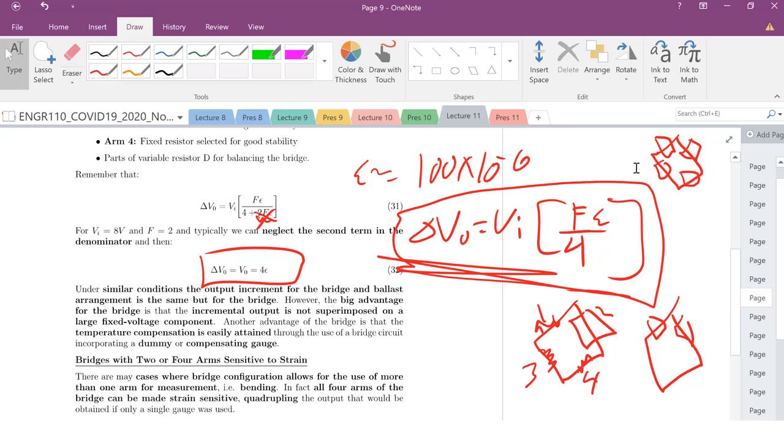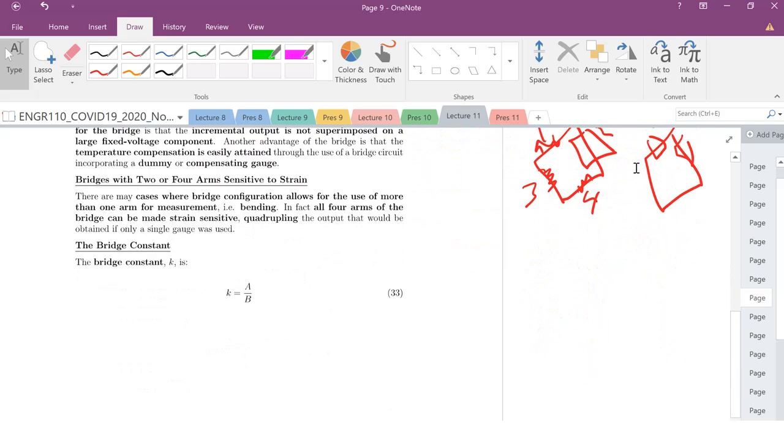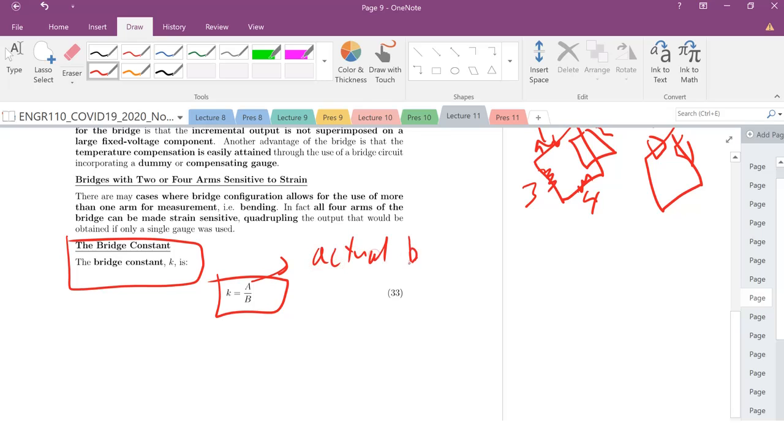One quick note here. This is the bridge constant, K. A, as we're going to see on the next page, is going to be the actual bridge output, and then B is the output of, say, an arm if we just had a single strain gauge.